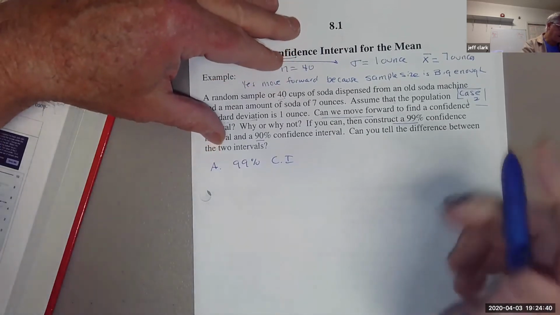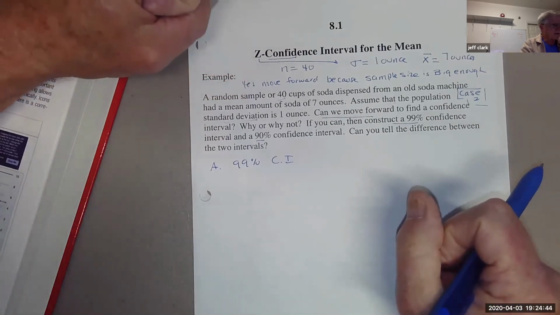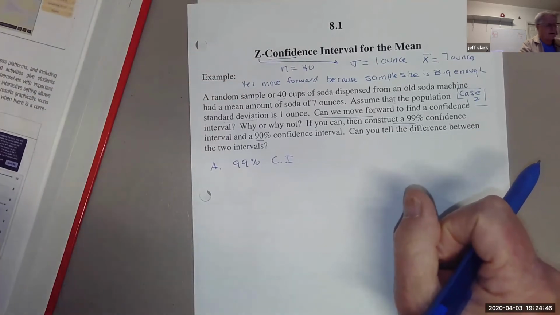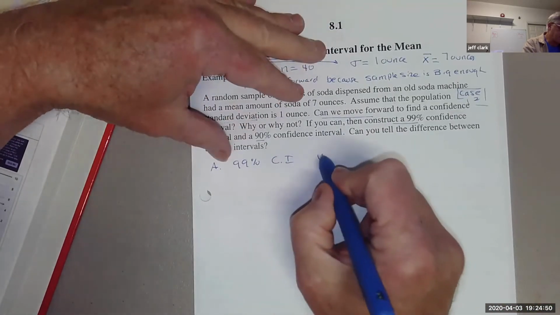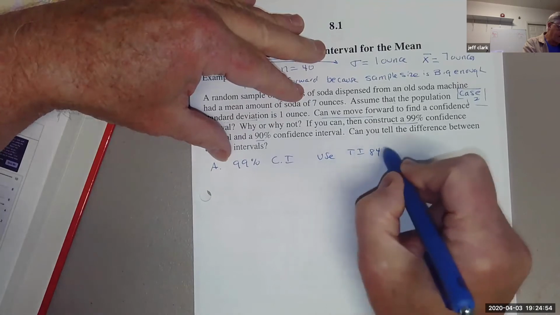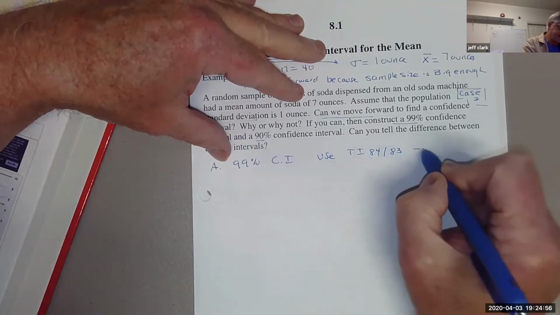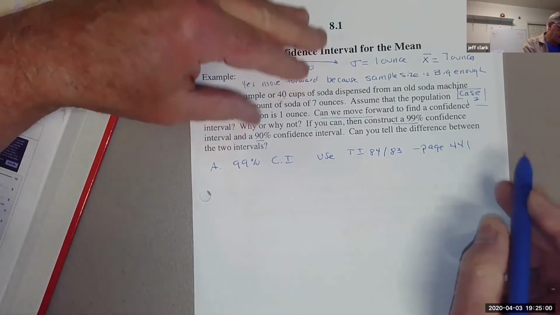Now, if we're looking for the answer from our calculator, all you need to do is use the TI-84/83. Again, it's on page 441 in your text.